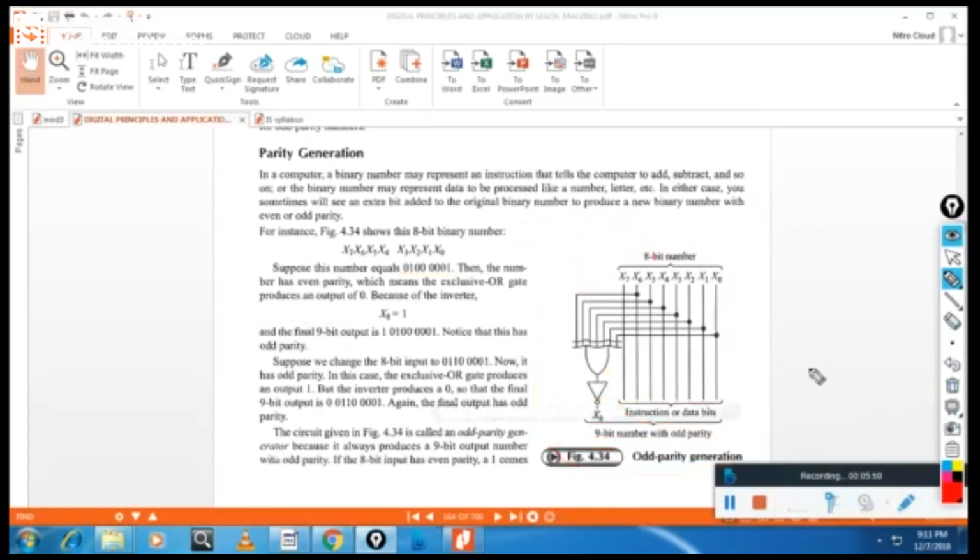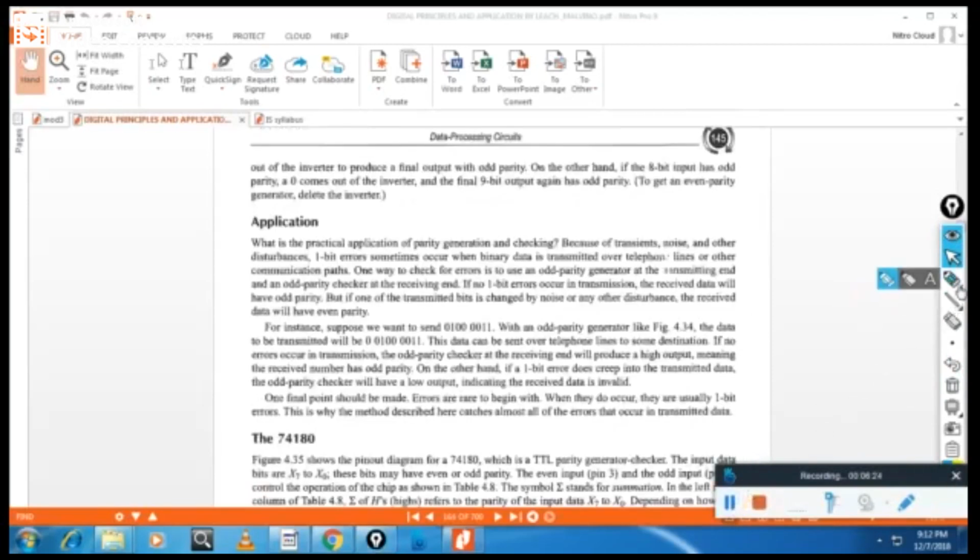So now, what is the use of this? The parity generator and parity checkers are used in data transmission. Because of disturbance or noise during the transmission of data, one bit can change from 0 to 1 or 1 to 0. For example, we want to send 0 1 0 0 1.